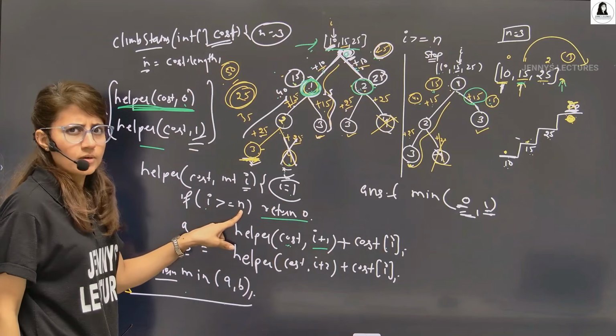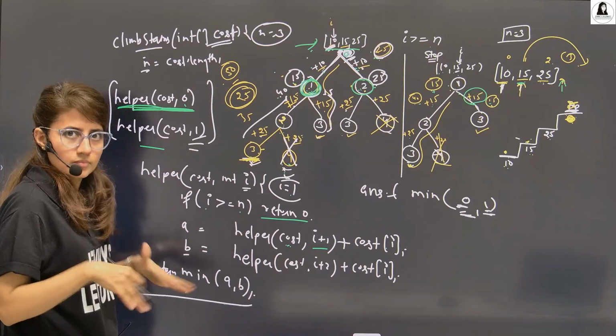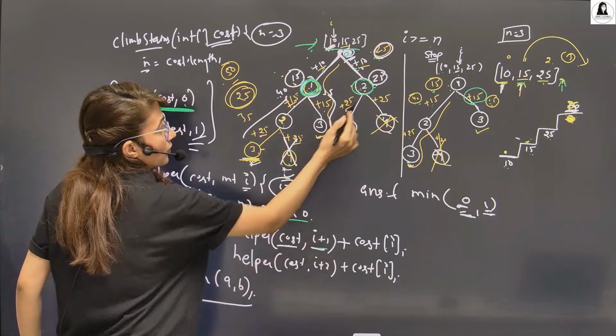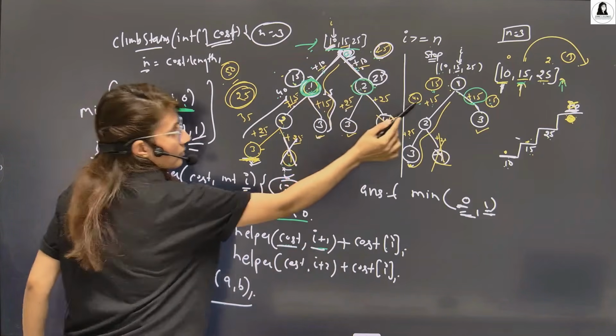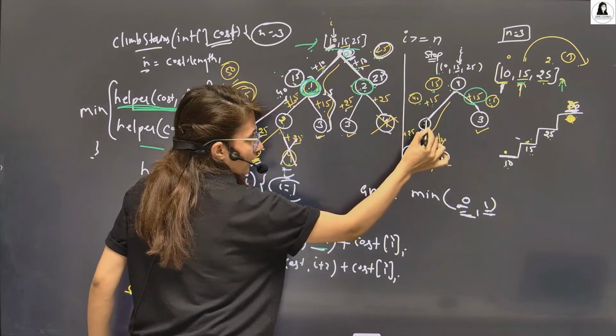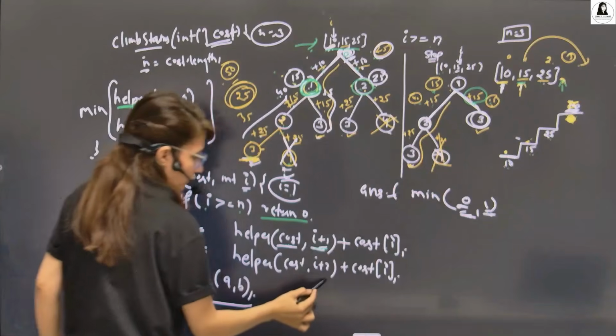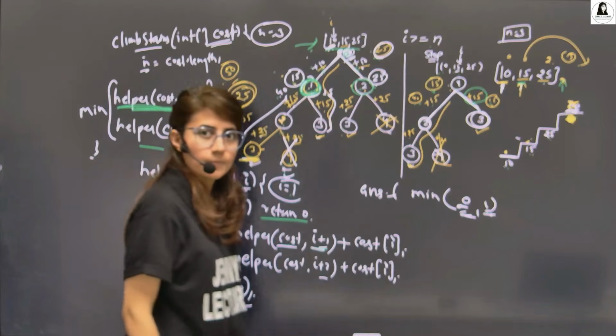Is 1 greater than or equal to n? No. Okay, just call helper. So we pass cost and I plus 1, where I is 1. We can take one step, that is 2. We can take two steps, that is 3. So just call here 2 and 3.